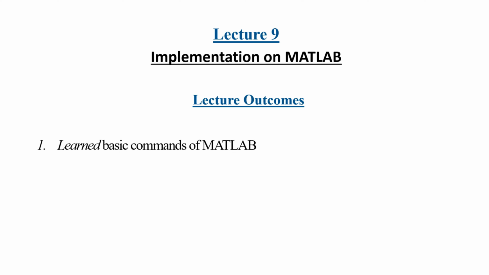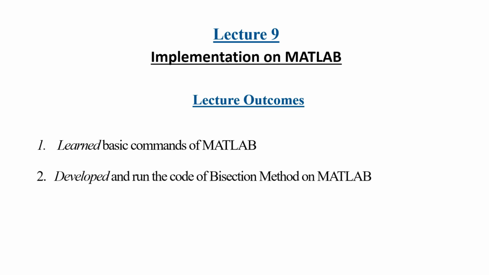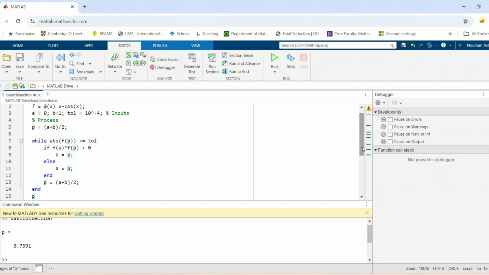And also we were able to apply the pseudocode that we developed in MATLAB and see a solution of the x minus cos x equation through the bisection method. I'm going to share this working with you after our second lecture, when we have made this bisection method more comprehensive.